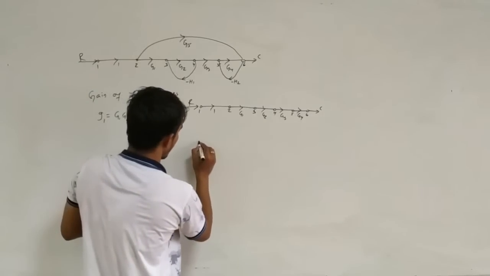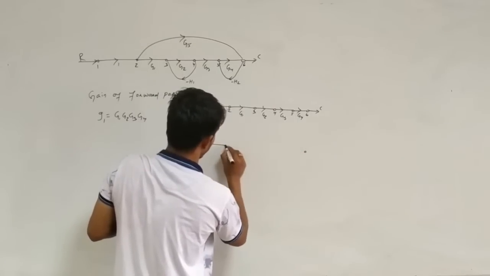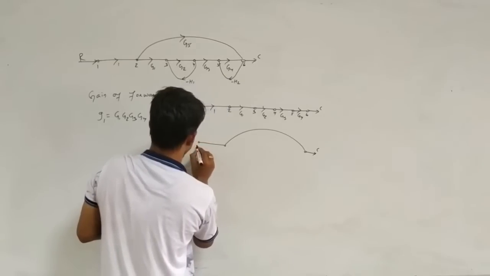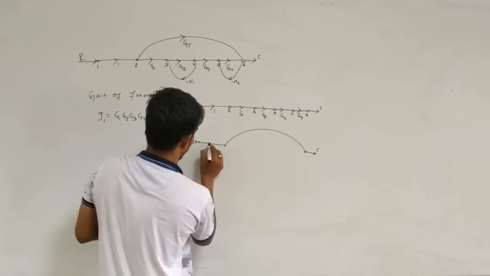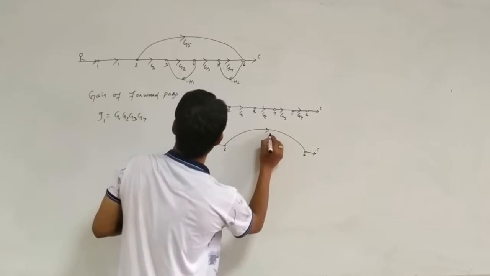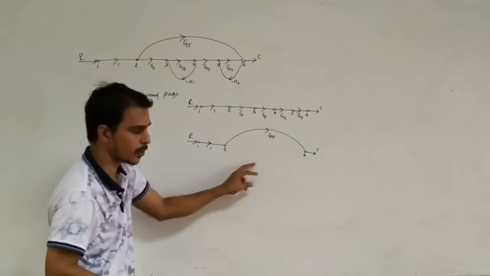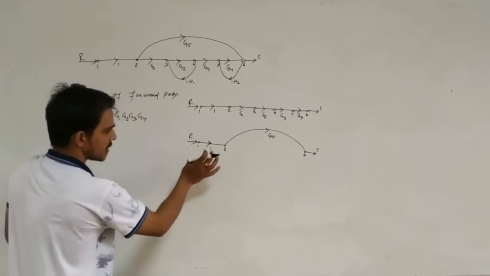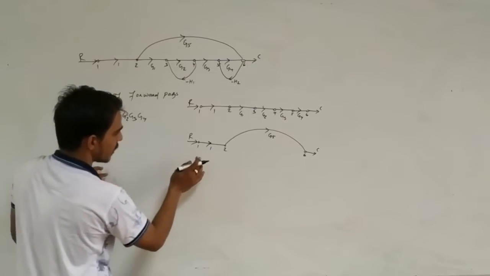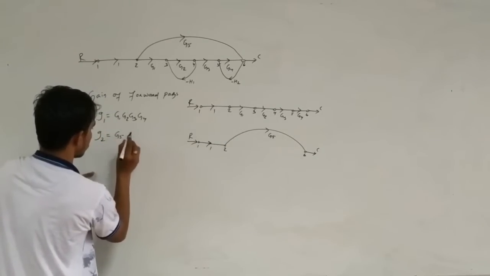Suppose this is the second forward path; the gain will be 1 into G5, that is G5.